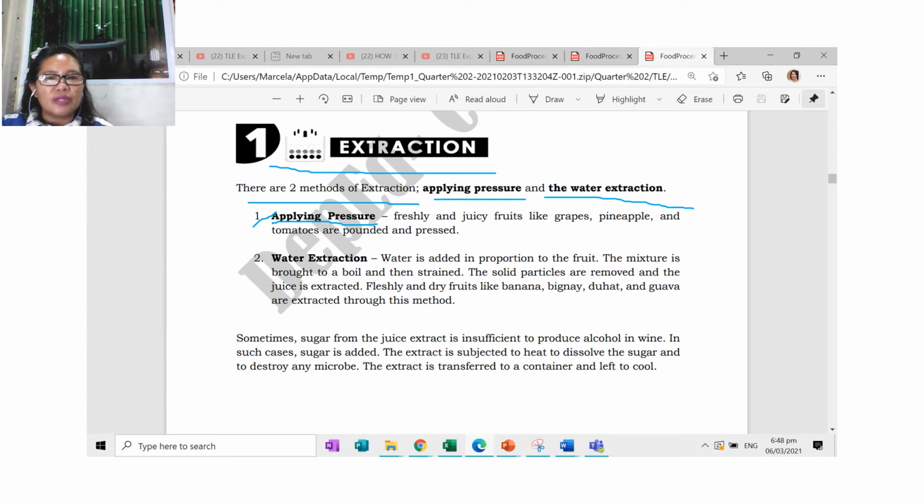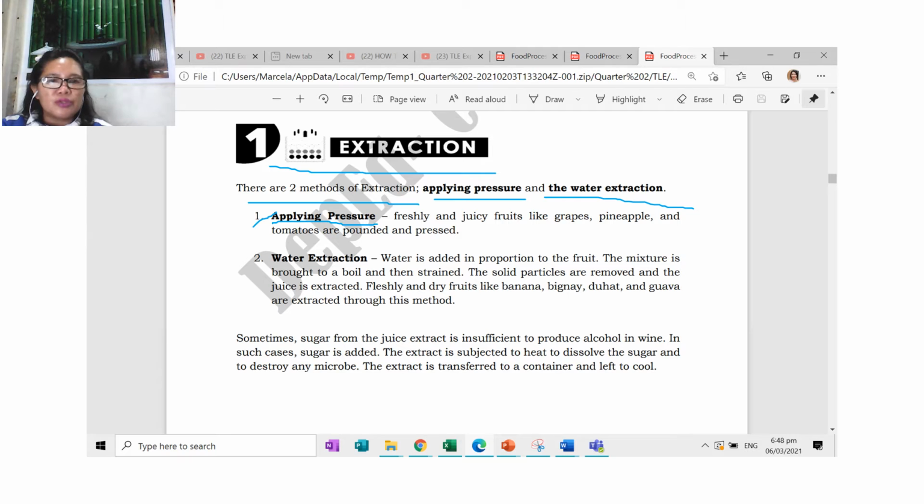Depende ninyo kung giunsa basta i-apply siya, like your lemon, the grapes. So that is applying pressure, for juicy fruits like grapes, pineapple, and tomatoes.